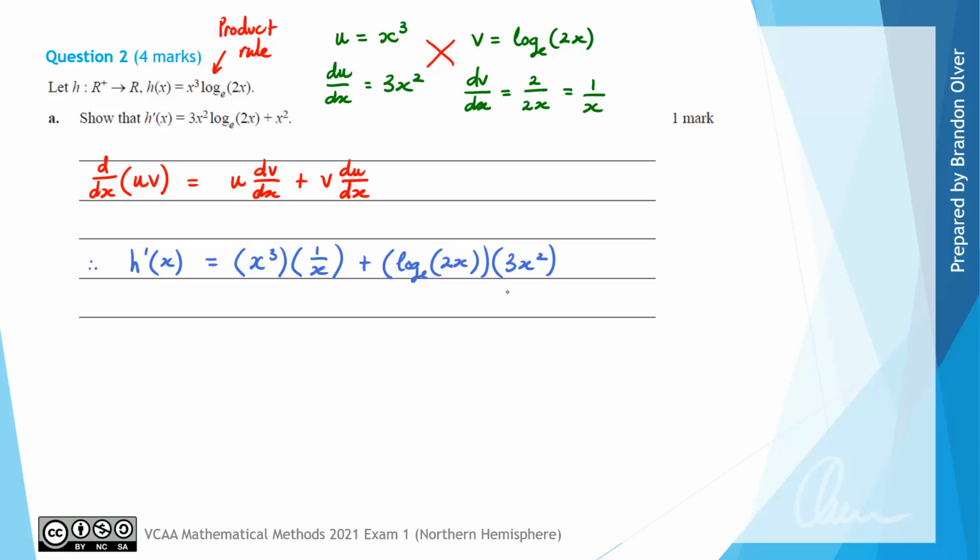Then we can neaten that up a little bit, because x cubed times 1 on x gives x cubed divided by x, which is just x squared, plus the second product, which we can write in the order 3x squared log e of 2x, which now resembles what we were asked to show in this question.